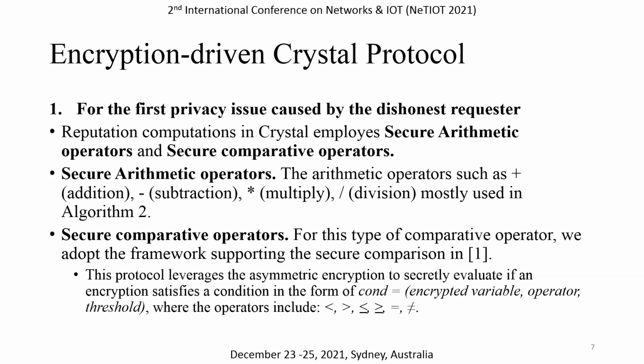The encryption privacy protocols. For the first privacy issue, caused by the dishonest requester, that means in the first aspect of the privacy problems, we need to use some operators, the arithmetic operators and the comparative operators, to calculate or compare the representation scores without revealing them.